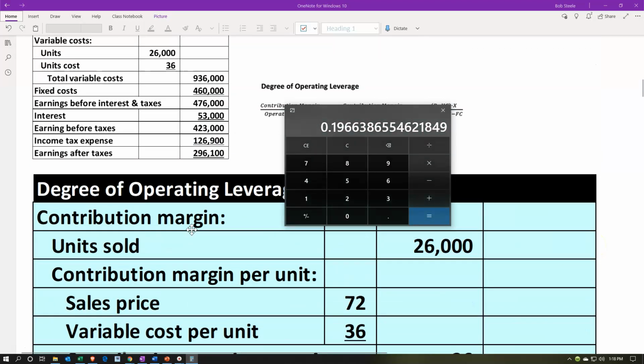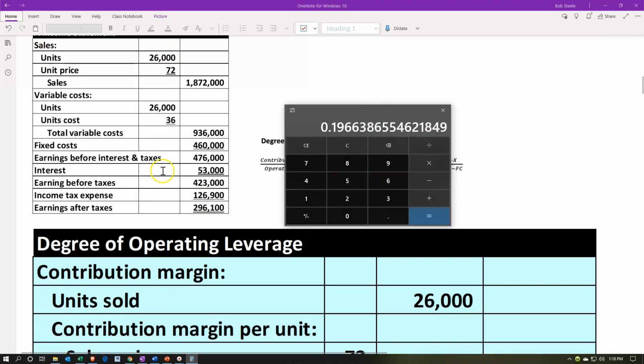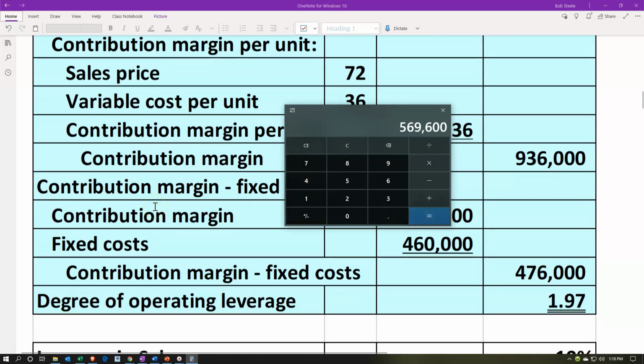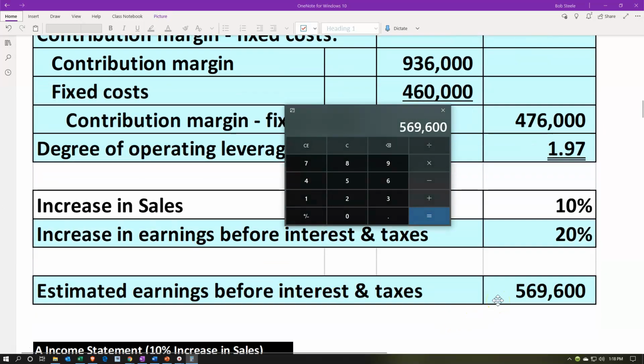Then if I go back up top, I take my earnings before interest and taxes, basically operating income, times this roughly 20% increase, or 0.1966, plus 1, to make it 120%. I multiply that times the earnings before interest and taxes, the 476,000. That gives us the increase that we calculated here, the 569.6.